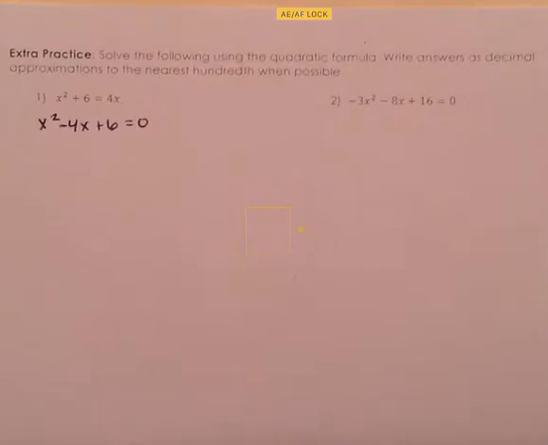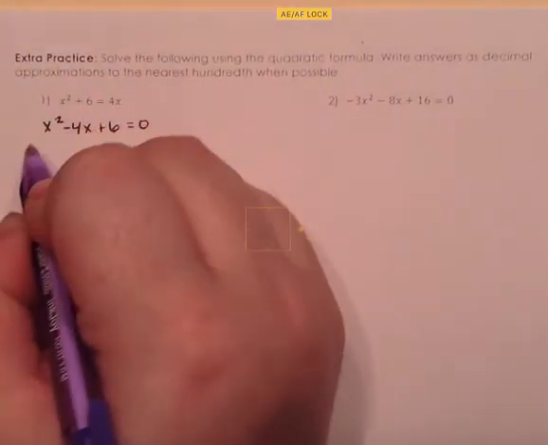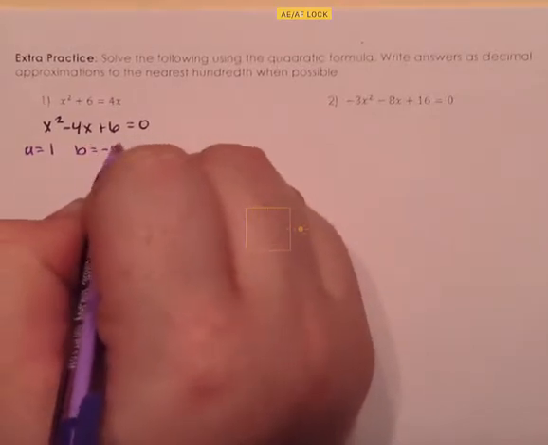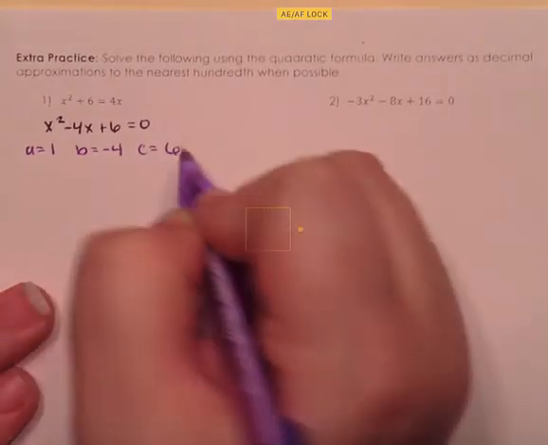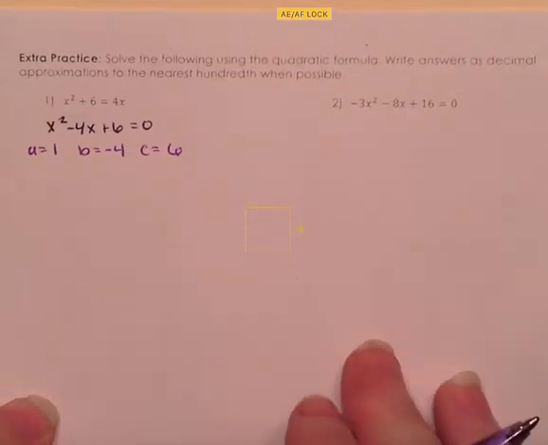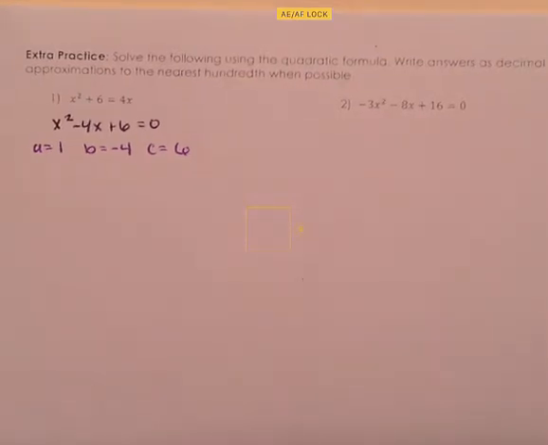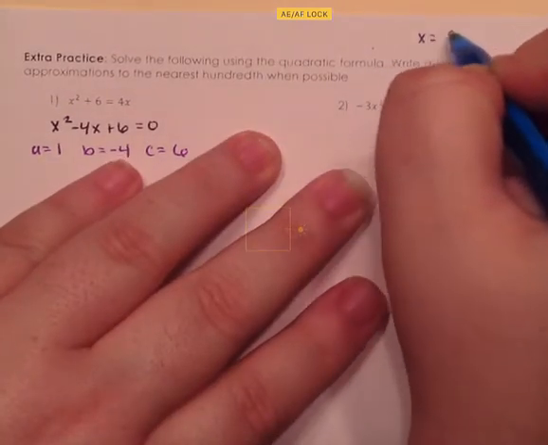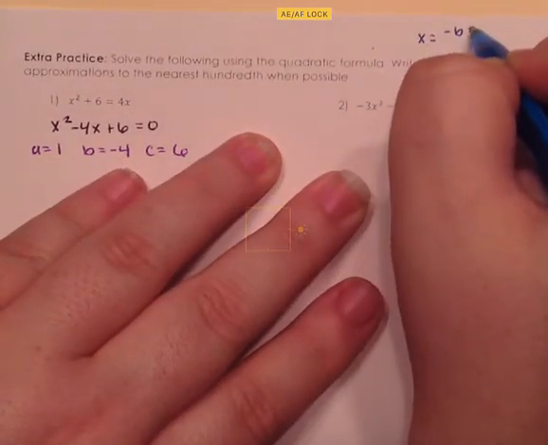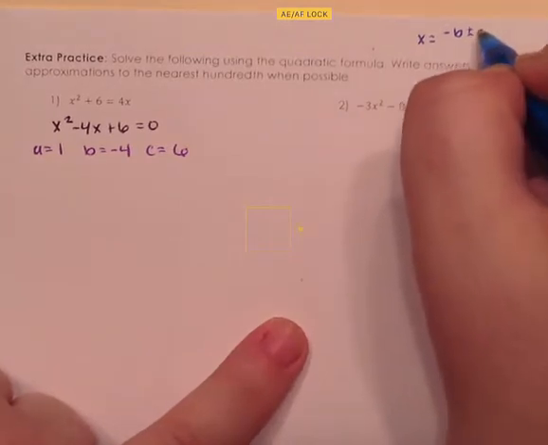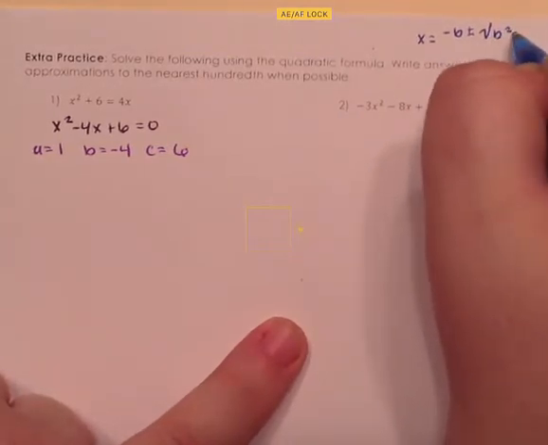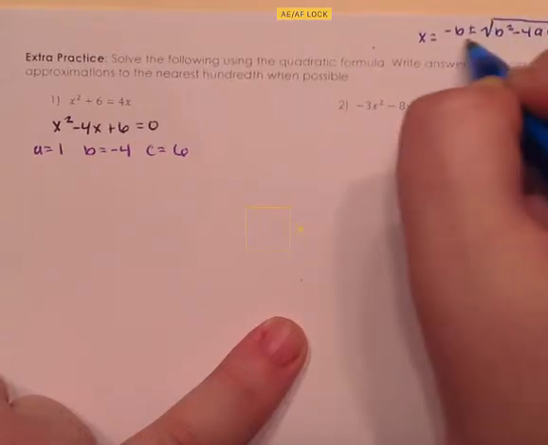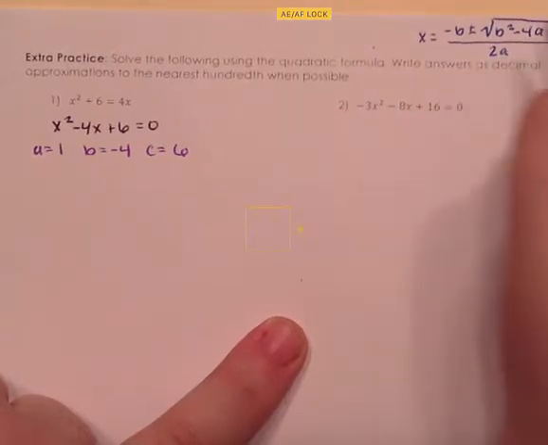We need to find our a, b, and c, so we can use our quadratic formula. So a is equal to a positive 1, b is equal to a negative 4, and c is equal to a positive 6. So using the quadratic formula, I'm going to rewrite the quadratic formula up here. x equals negative b plus or minus the square root of b squared minus 4ac all over 2a.